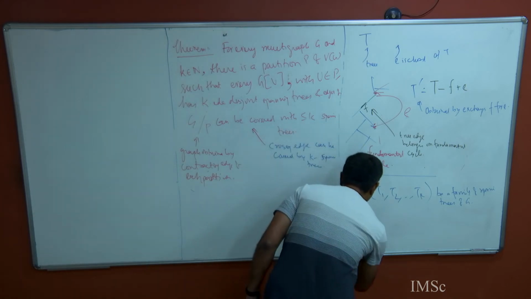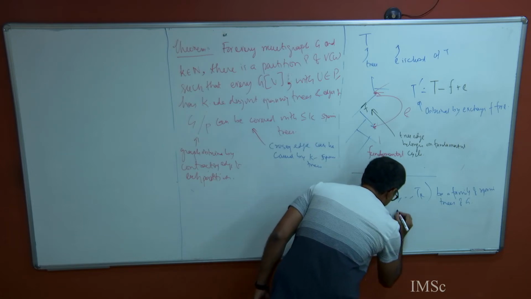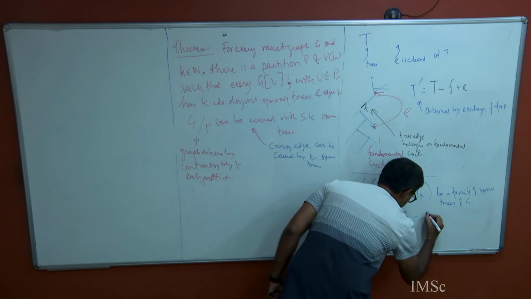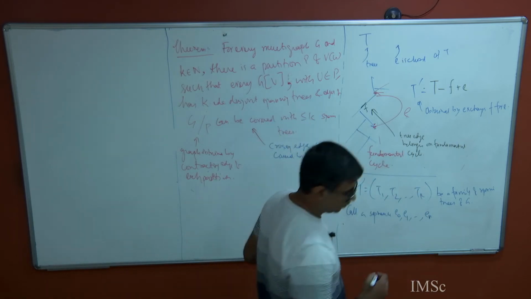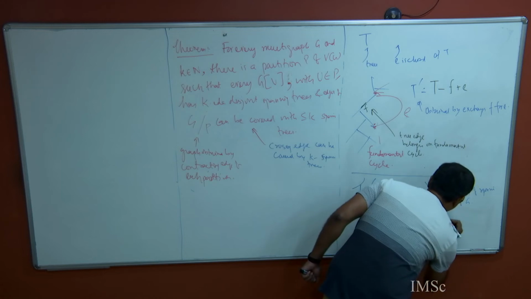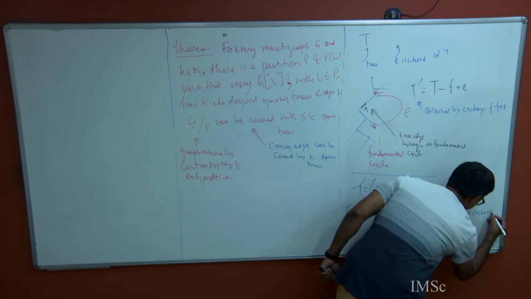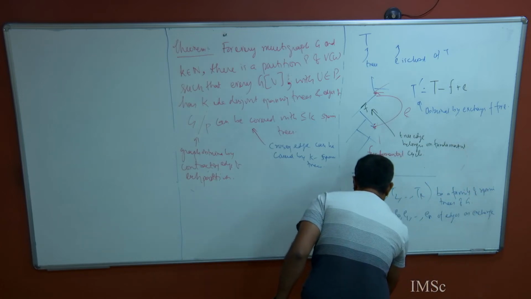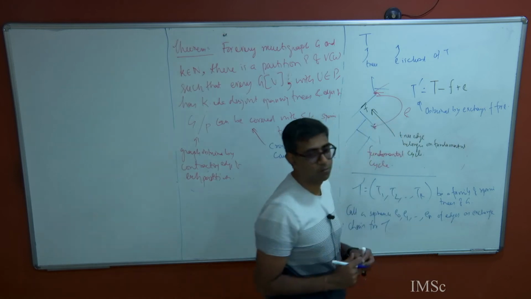Okay. Now we are going to call a sequence E0, E1, up to En, a sequence of edges, an exchange chain for T if the following properties hold.